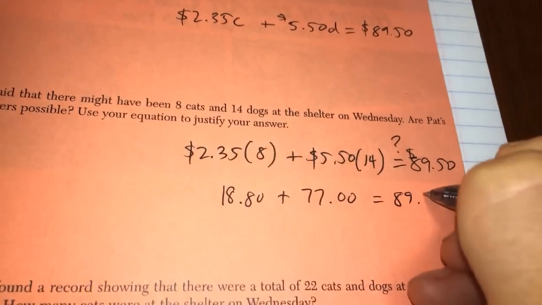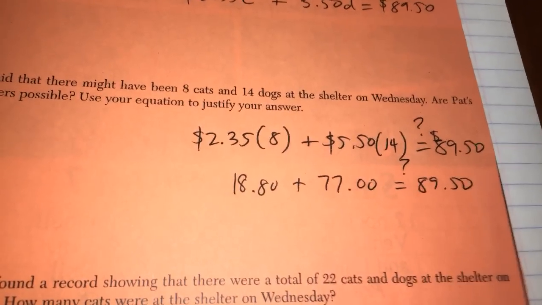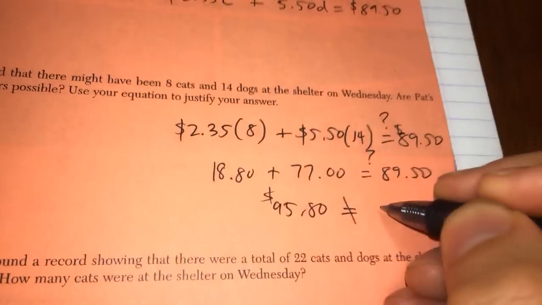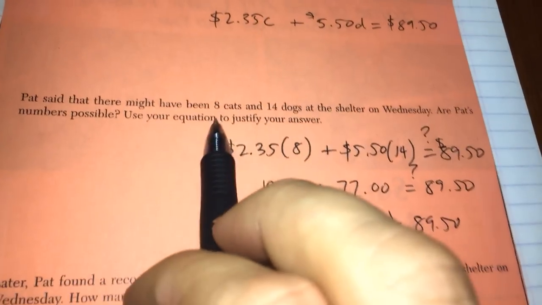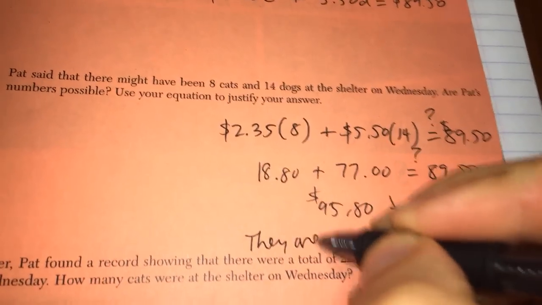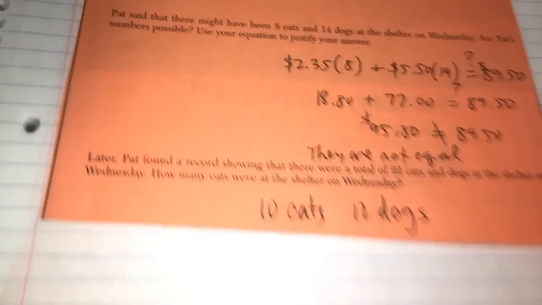I need to see, does that equal 89.50? 18.80 plus 77 gives you 95.80. This does not equal 89.50. Are Pat's numbers possible? Use your equation to justify your answer. They are not equal. You must show your substitutions.